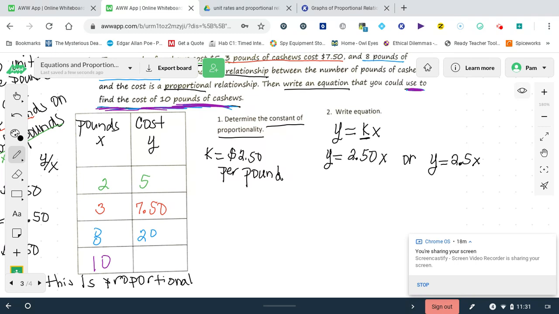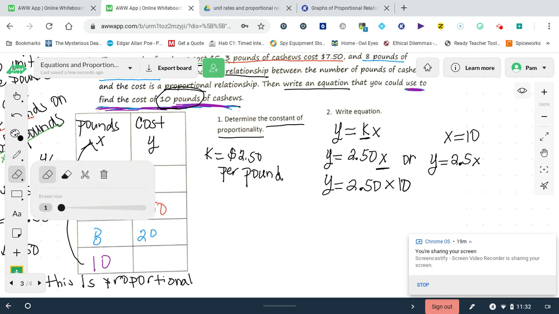All right, so to fill in our missing value, for the missing value we have 10 pounds. Okay? 10 is an x. So what I'm going to do is substitute an x of 10. So I have y equals 2.50 times 10. And let me take that out of there, because some people are going to think that's another x.